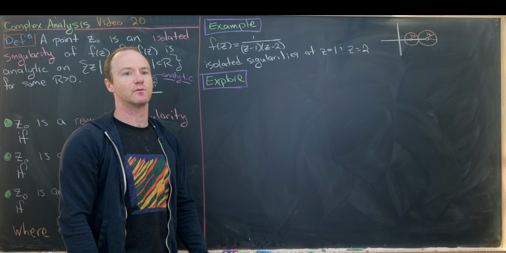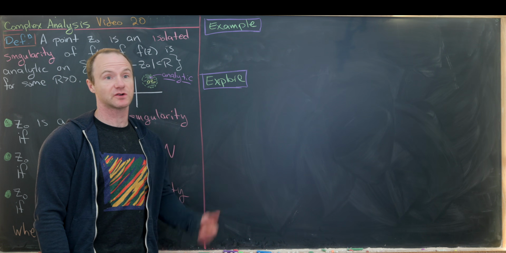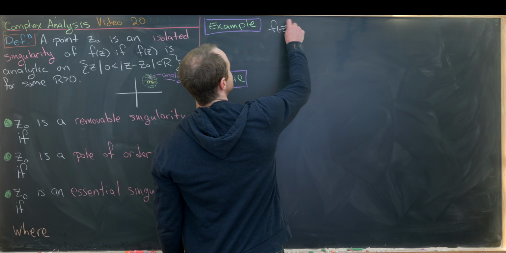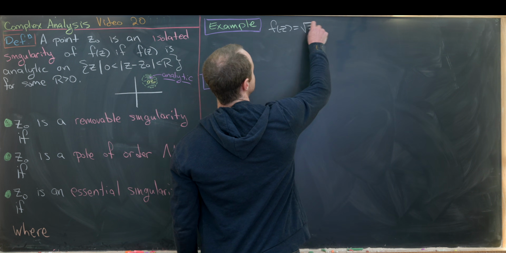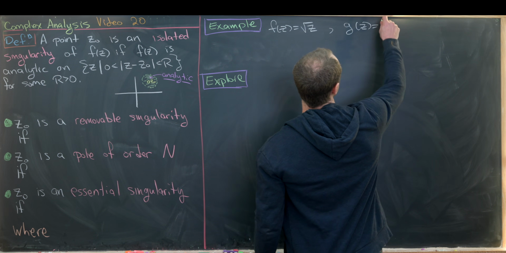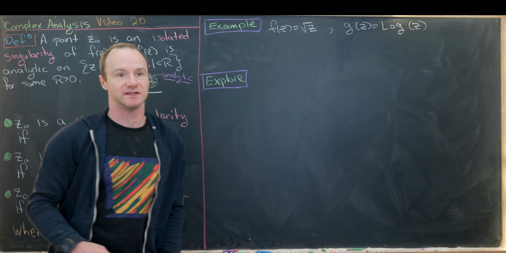Now let's look at some non-isolated singularities. We'll look at two examples of functions with non-isolated singularities. The first one is f of z equals the square root of z. And the second one is g of z, the principal branch of the logarithm, log z.